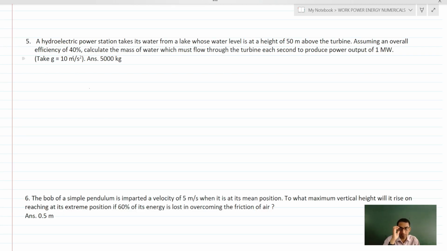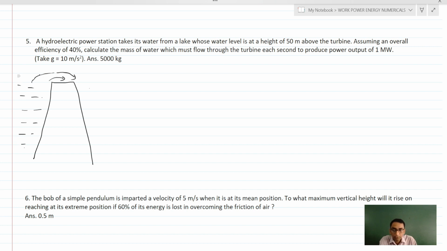Let's move on to the next problem, that is the hydroelectric power station. So something like this. This is a check dam and there is a lot of water available on this side of the dam, right? And then the water flows from the top and falls down, and here at the bottom we would be having the turbine which is connected with the generator, and then it is going to produce electrical energy.